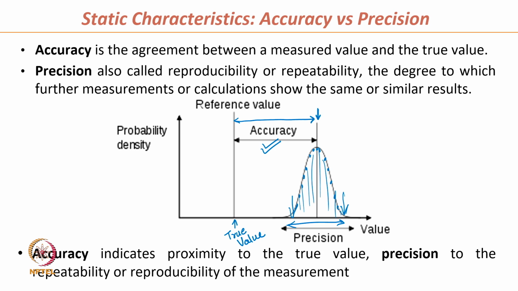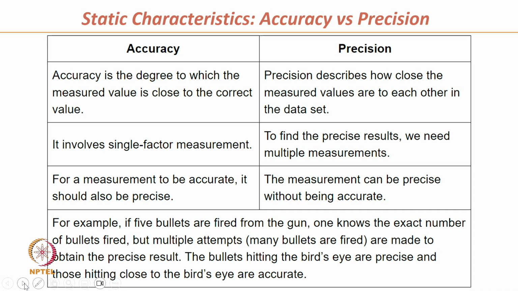So, accuracy is how much the difference is between actual and measured, and precision is how much the output is confined to a narrow range. Accuracy indicates proximity to the true value, however, precision indicates the repeatability or reproducibility of the measurement. This is the difference between accuracy and precision.